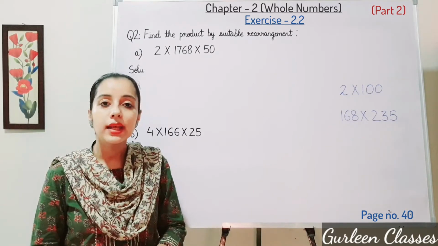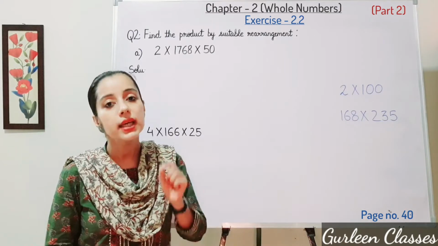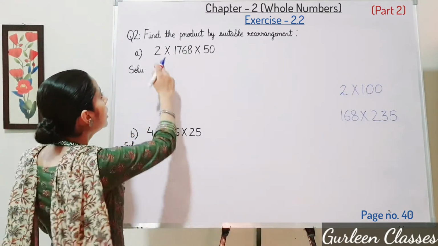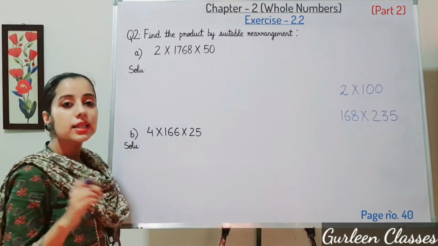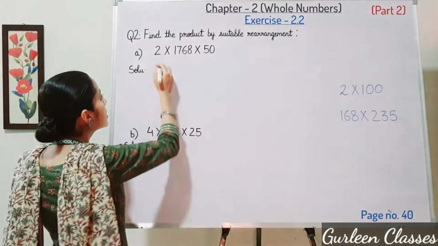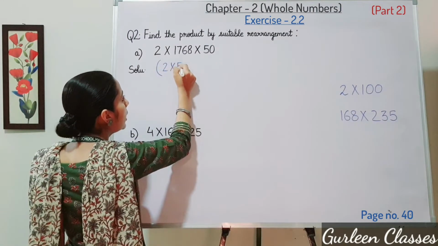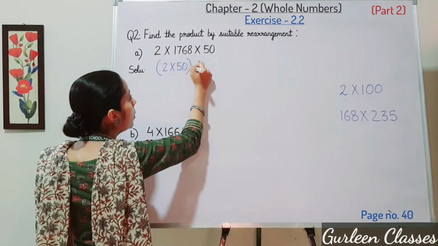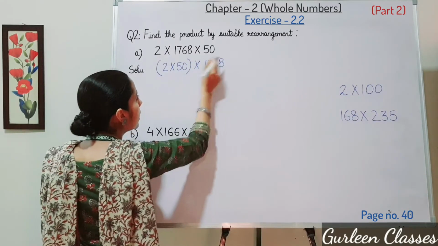If you multiply them, at last 0 should come to make your calculation easier. So let us see here. If you multiply 2 into 50, at last we will get 0. So let us make the pair here: 2 into 50 into 1768.